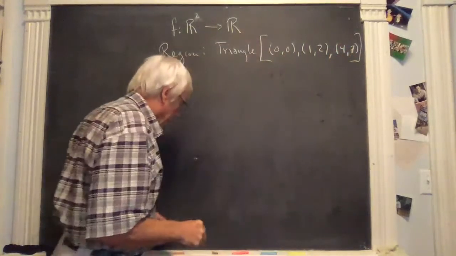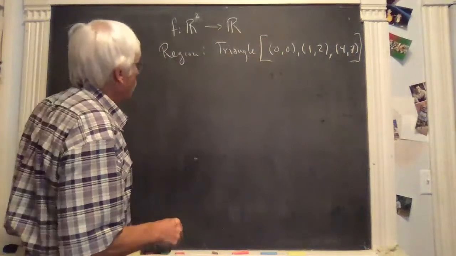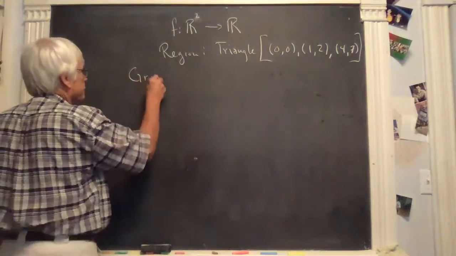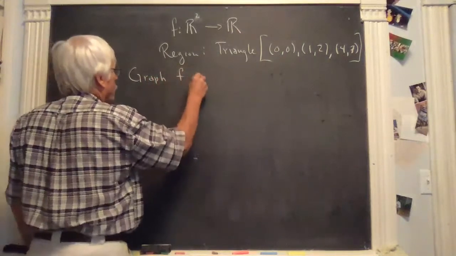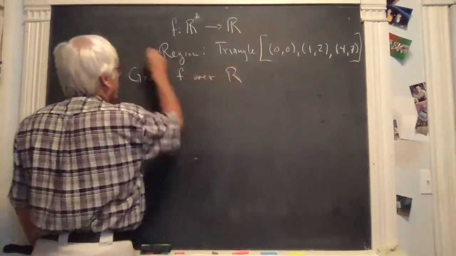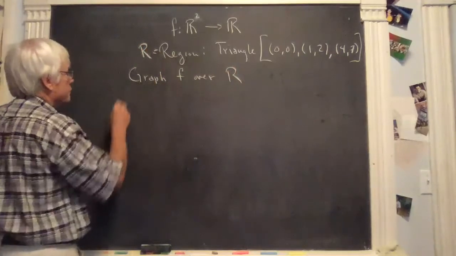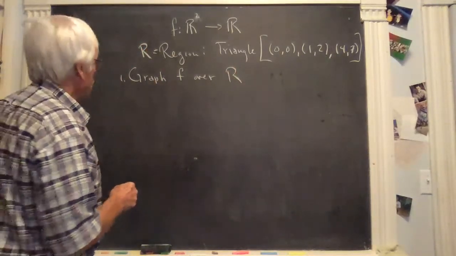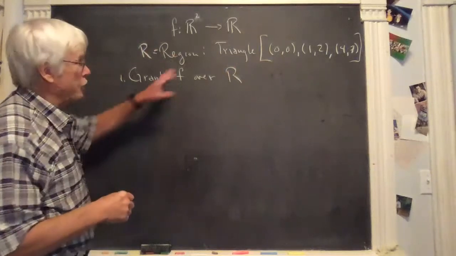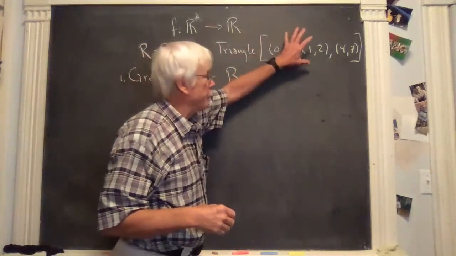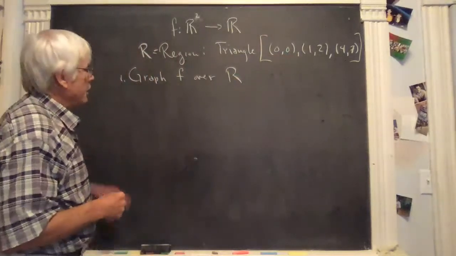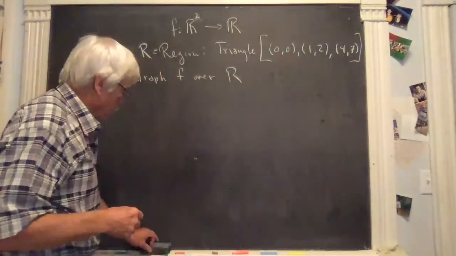Just making something up here. We want to be able to do a couple things. We want to be able to graph f over the region R. And we'll want to be able to solve equations for variable vectors that are in our region. And this, I think, we're in pretty good shape.